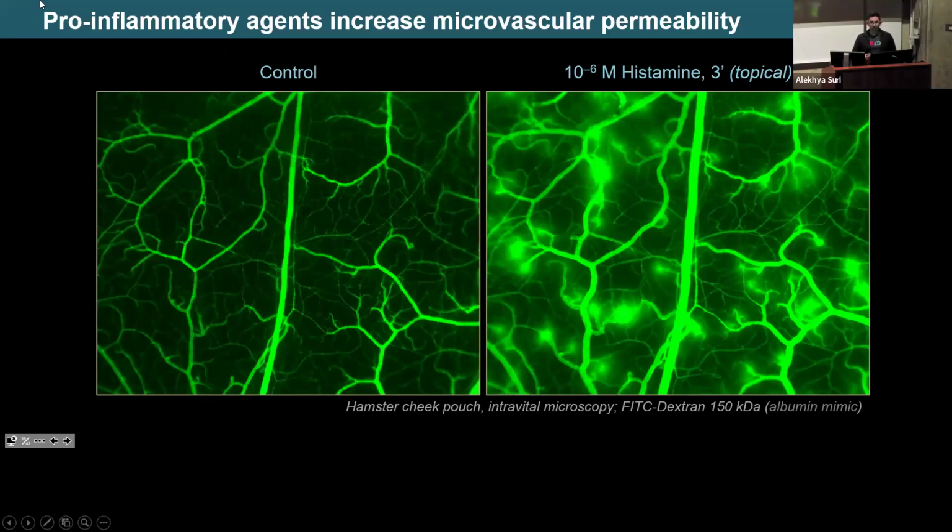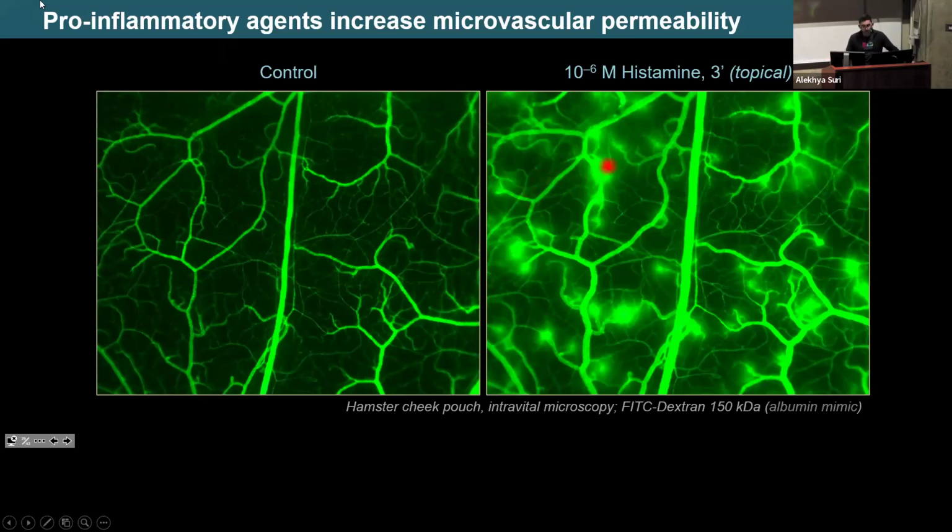Those are what we call leakage sites. You can see that the leakage is sort of diffusing away. It's diffuse in its appearance. That is the fluorescent dextran escaping from the blood vessels into the interstitium, right?